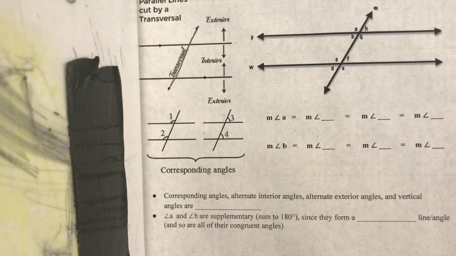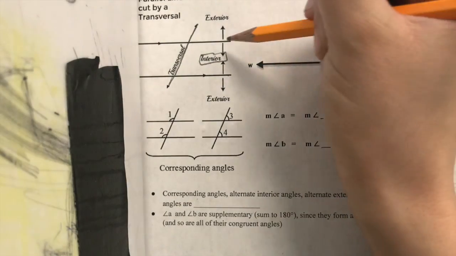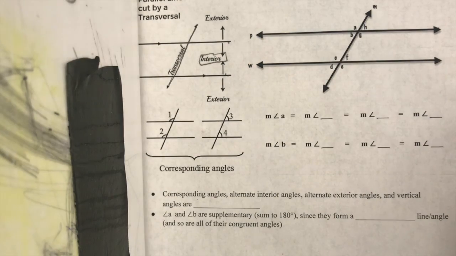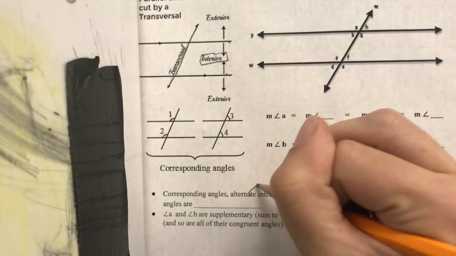Okay, then we have alternate interior angles. So again, fancy vocabulary, meaning isn't super hard though. Alternate interior angles are the interior is here, it's in between the two lines, and alternate means they're on opposite sides of the transversal.